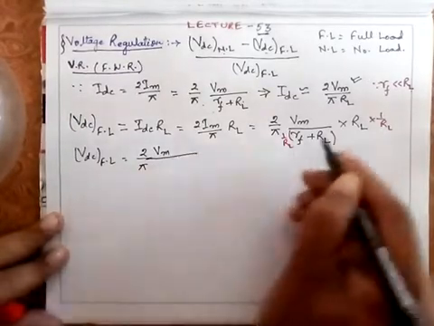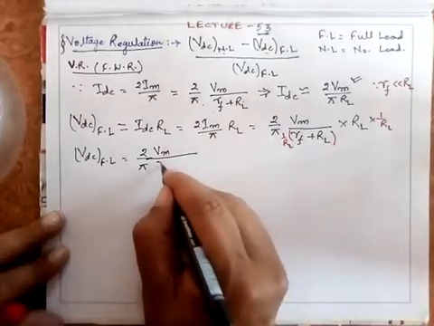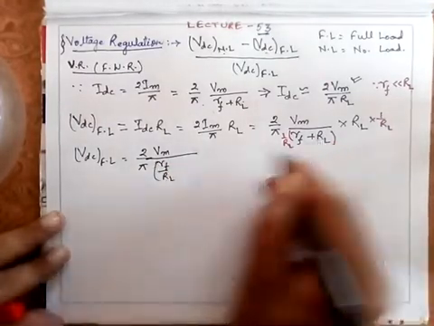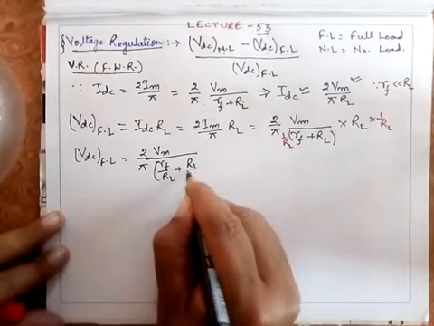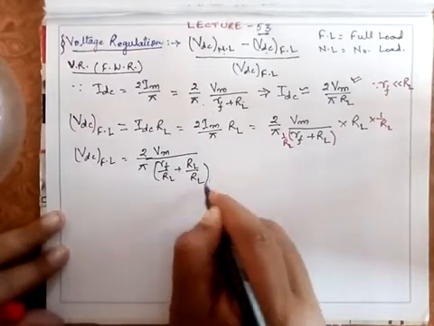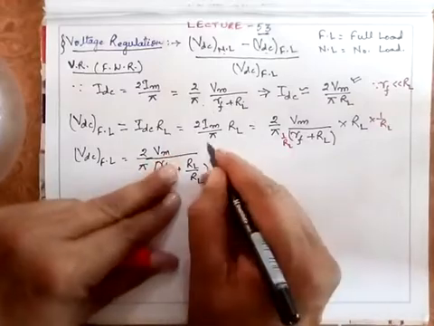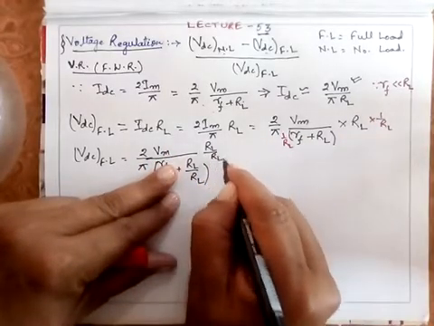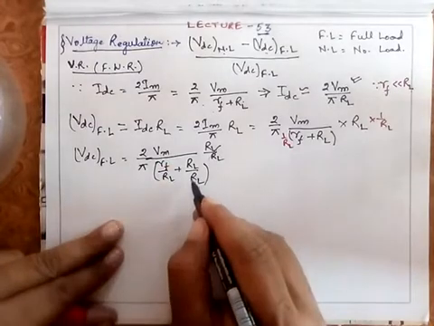Look at the denominator. I can say it is Rf upon RL plus RL upon RL, and this factor is already there. It is RL upon RL. So this factor will cancel, it is 1. RL upon RL will be 1.